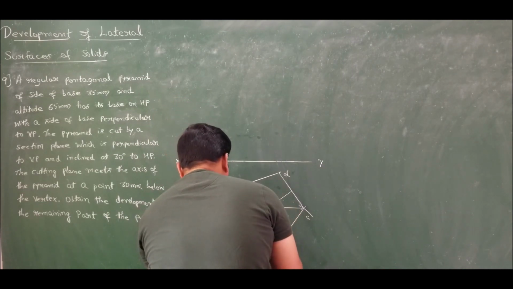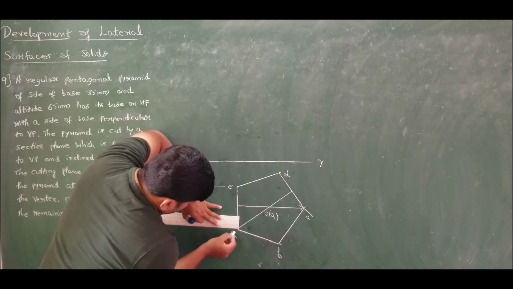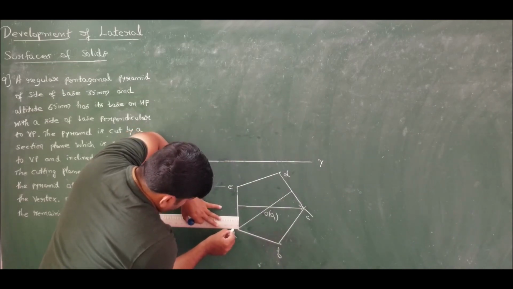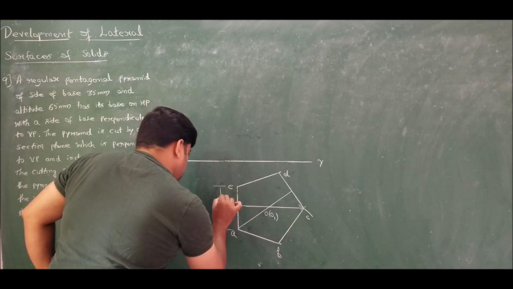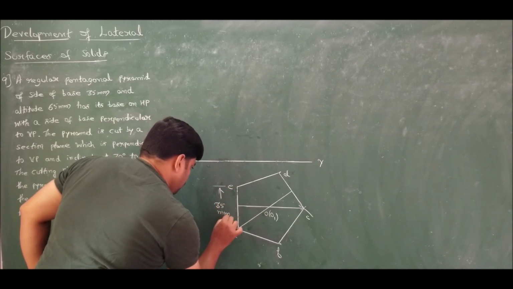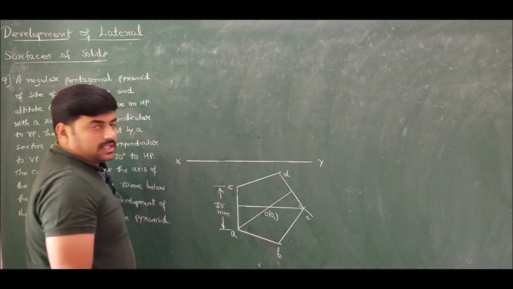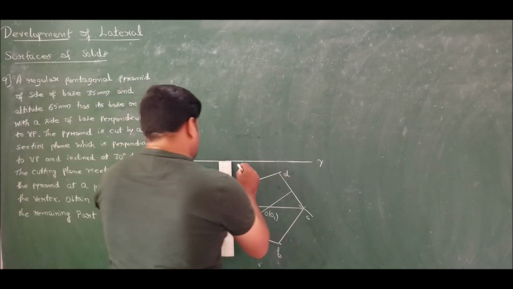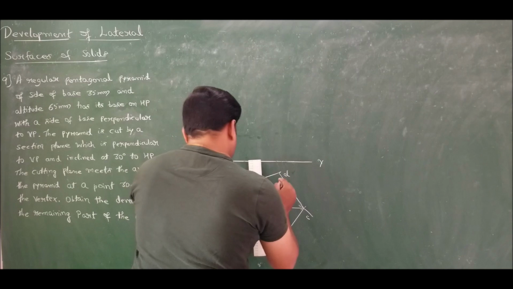We have drawn a pentagon of side 35 mm in the top view. Done. Now take the projection and complete the front view.